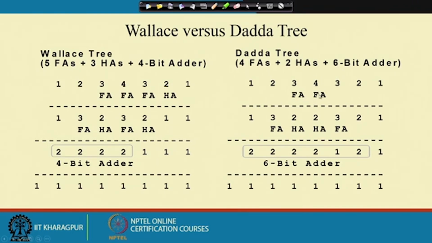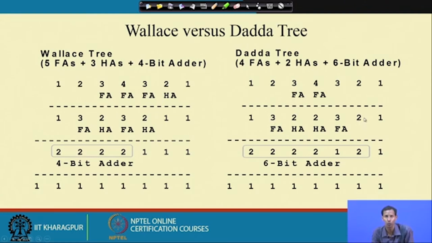So, full adder for this 4 and full adder for this 4 at the very first level. Then in the next, 2 is already there, 3 is already there. Then here I have consumed 3, there is already 1.